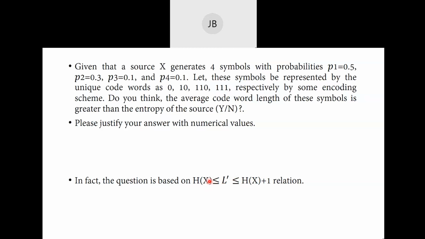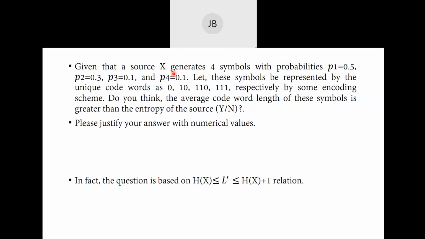So you always notice that entropy is the quantity having the lowest value, or it may be equal to the average code word length, but entropy will never be greater than the average code word length. So you have the answer here, yes or no. Always the entropy is less than or equal to the average code word length. And you need to justify that with numerical values.